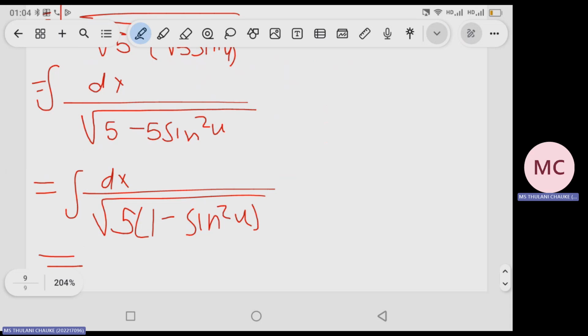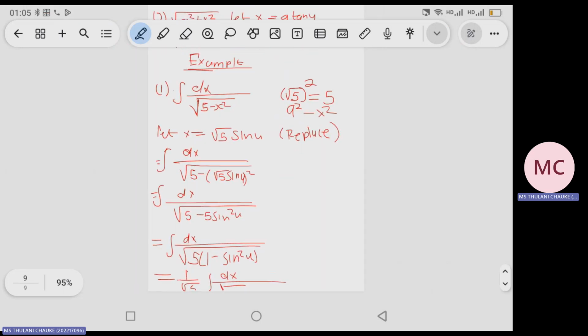Then this will be equal to 1 over the root of 5, which I can take out as my constant. I'll be left with the integral of dx over the root of cosine squared u.